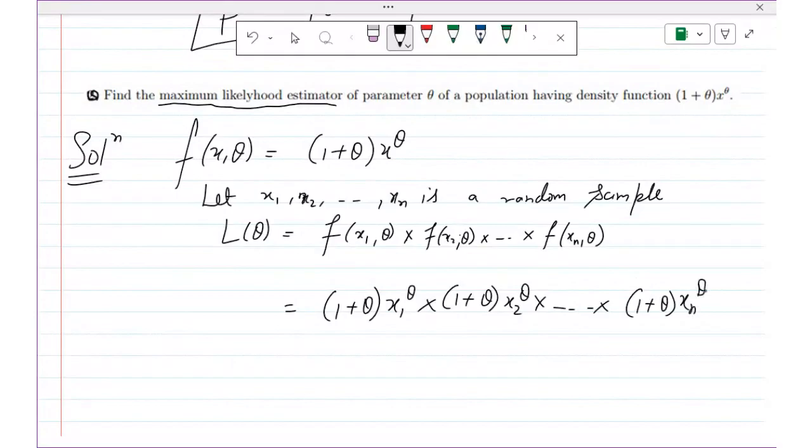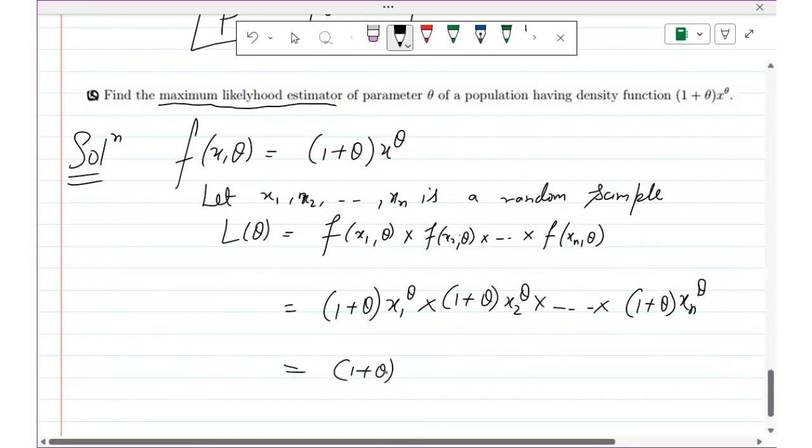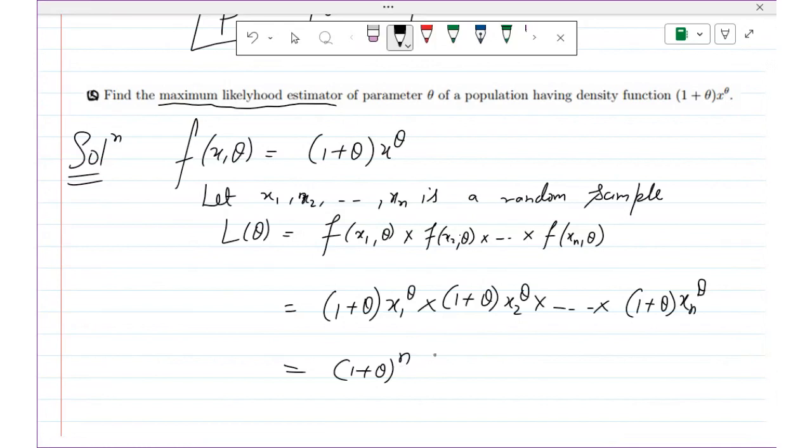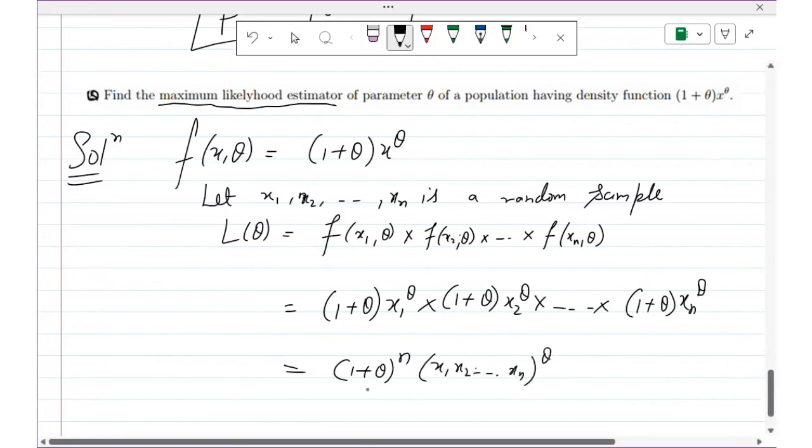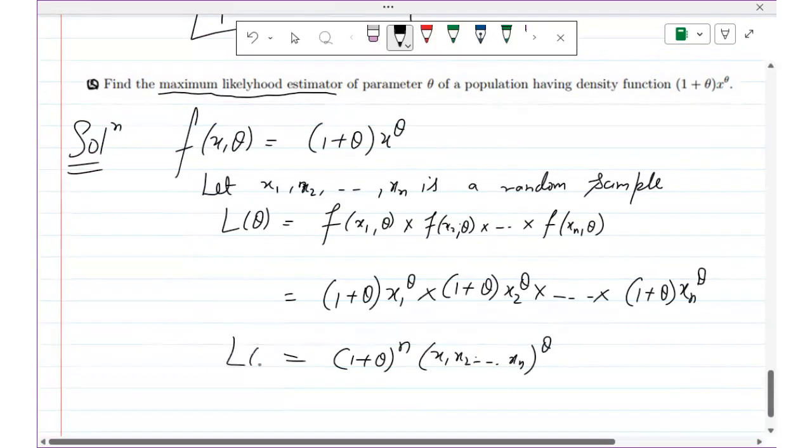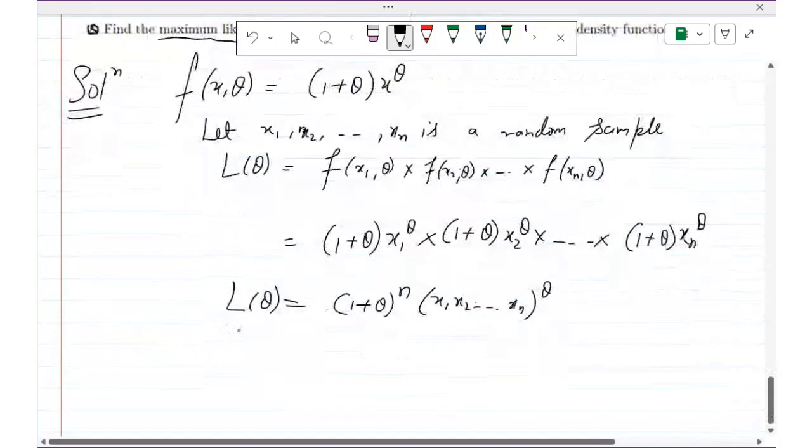Now let us simplify this. 1 plus theta is multiplied how many times? n times. So 1 plus theta raised to power n, and x1, x2, xn all have the same power theta, so you can write this as x1 into x2 up to xn whole power theta. This is L theta, the likelihood function. So step 1 is done.